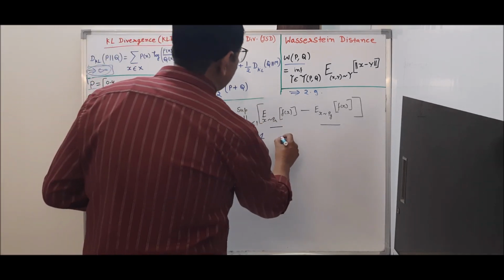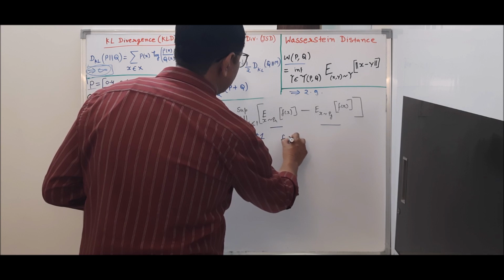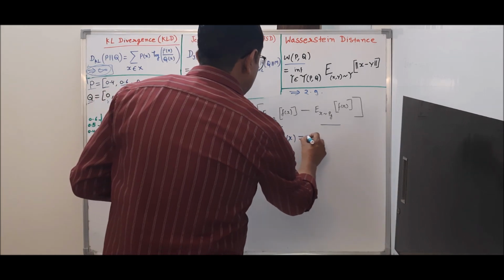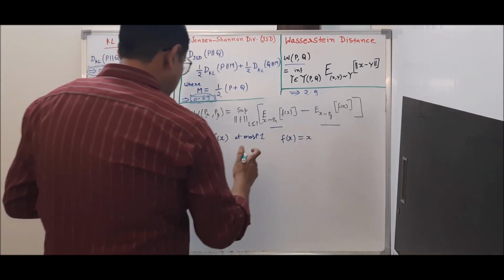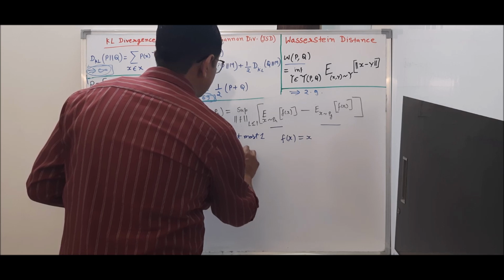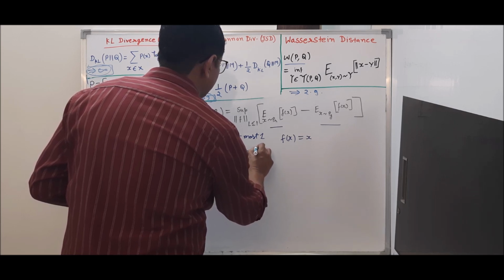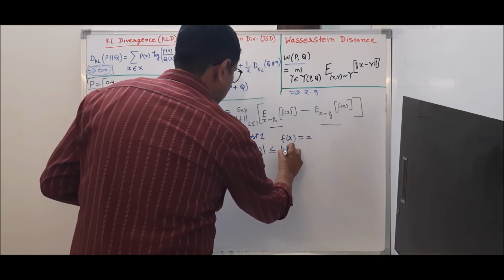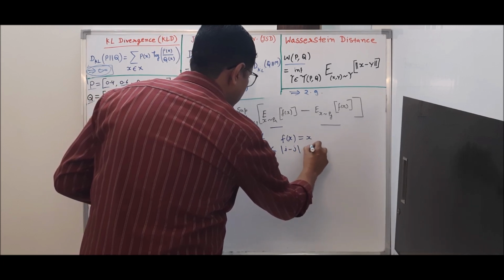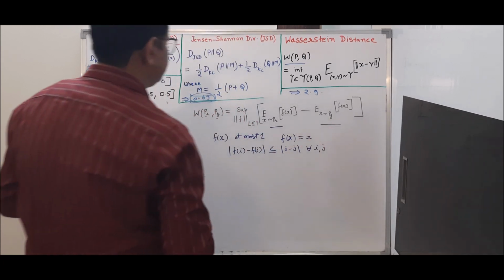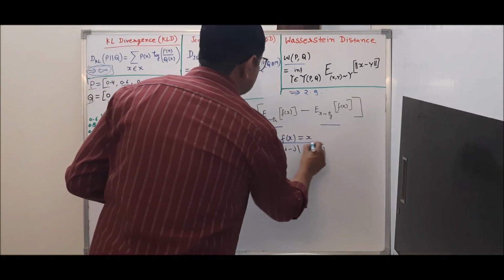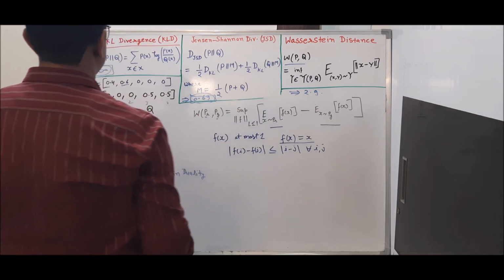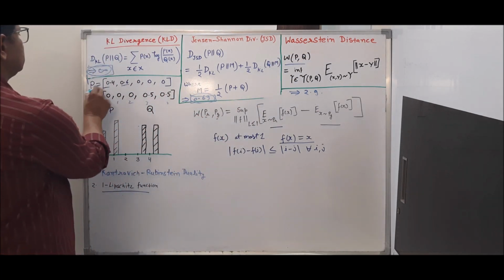Or in a simple way, we can say that f(x) is equal to x, and if we have multiple cases, then we can say that f_i minus f_j will be less than or equal to i minus j for all i and j. Now, by considering this, how can we calculate the Wasserstein distance?